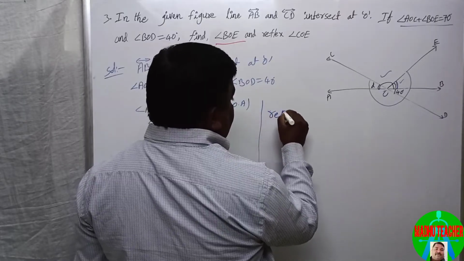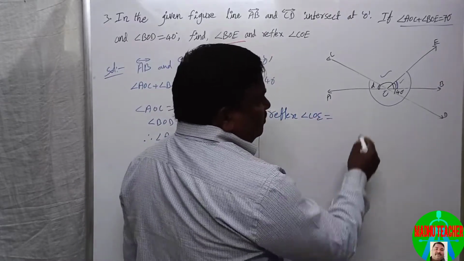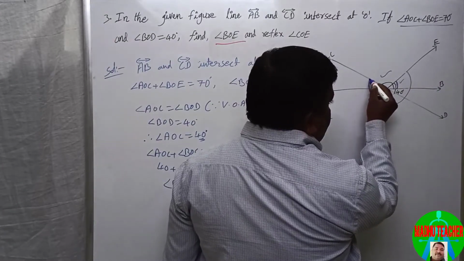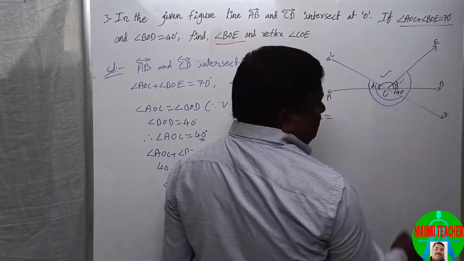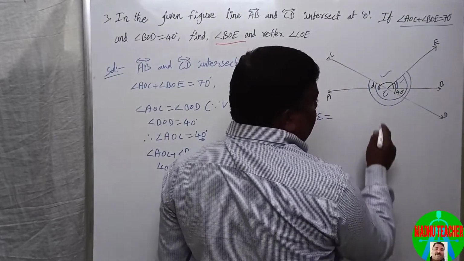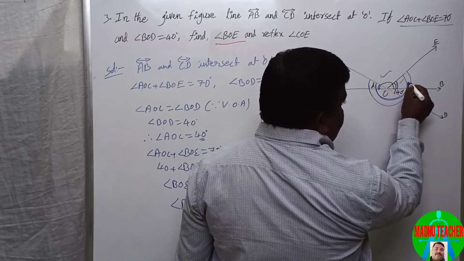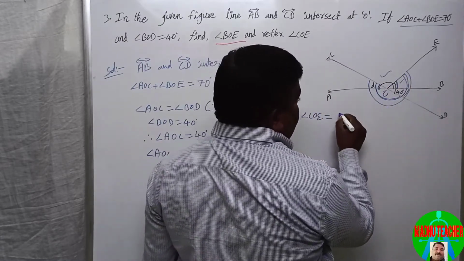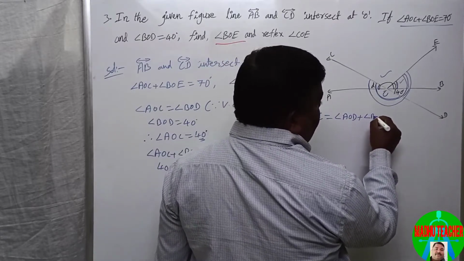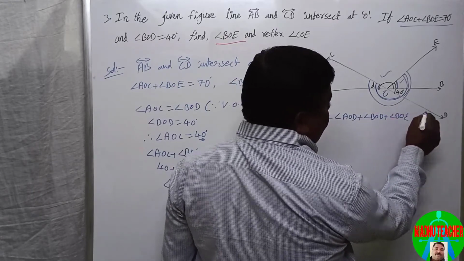Reflex angle COE equals this angle plus this angle plus this angle. The sum of these three, 1, 2 and 3, that is angle COD plus angle BOD plus angle BOE.